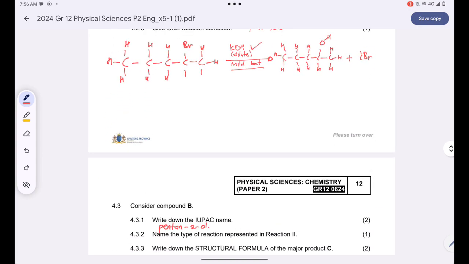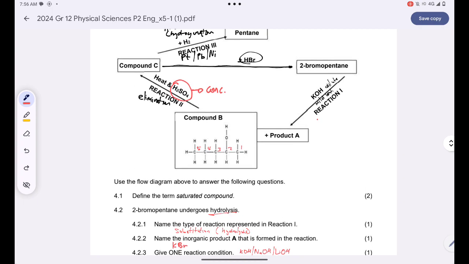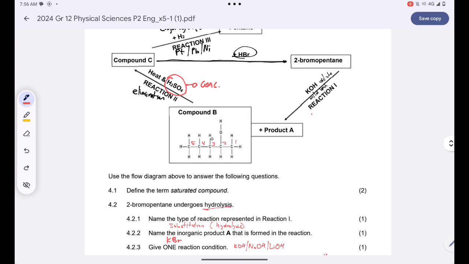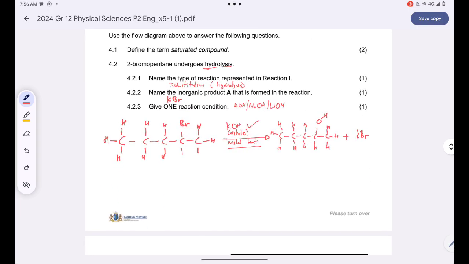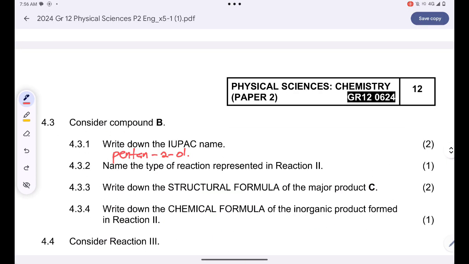So it's an elimination reaction, and the type of elimination reaction, guys, is dehydration, because I'll eliminate water over there. Elimination, and its type is just dehydration.